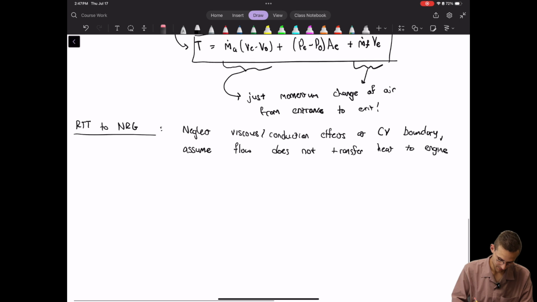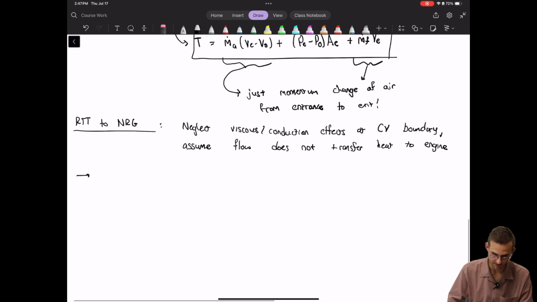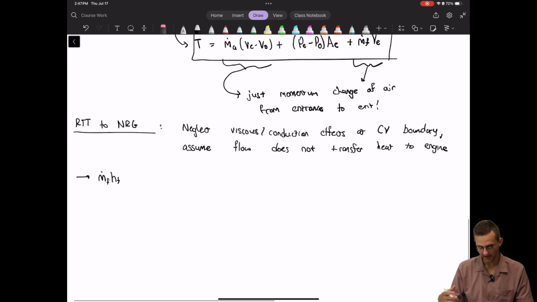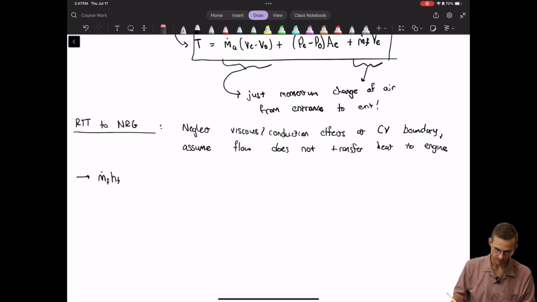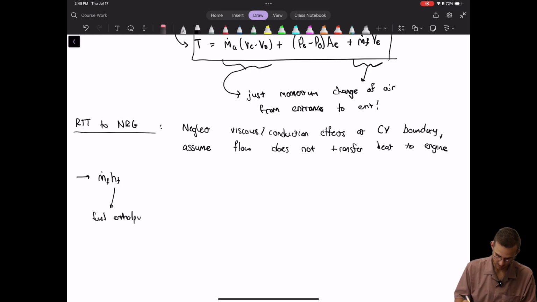So if we do that and we sub in our stuff into the Reynolds transport theorem, what we end up with is the following. The dE dt on the left-hand side is just the amount of energy that's being injected into the system by the combustion reaction, which is just m dot f times h f. Okay, h f is a quantity called the fuel enthalpy. It's defined for types of material.